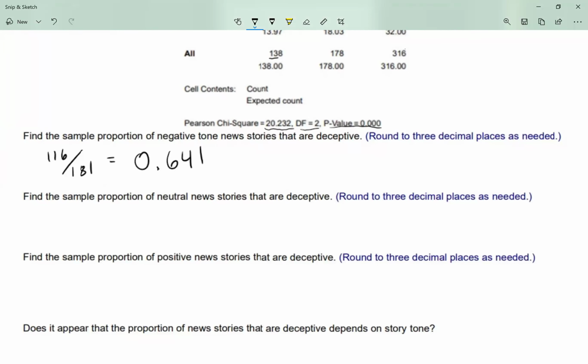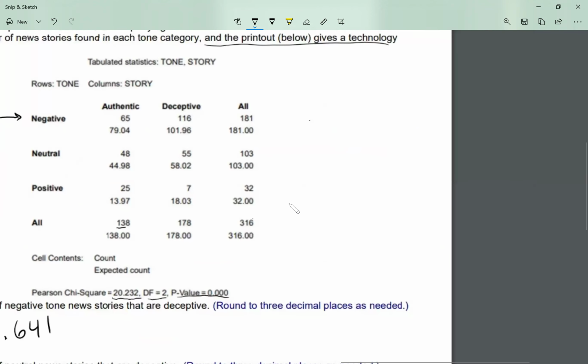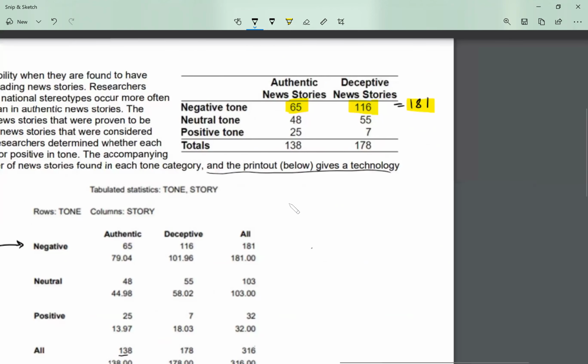As a percentage, I know it looks like 64%. Okay, my next question. Find a sample proportion of neutral stories that are deceptive. Okay, so now let's see my neutral stories here.